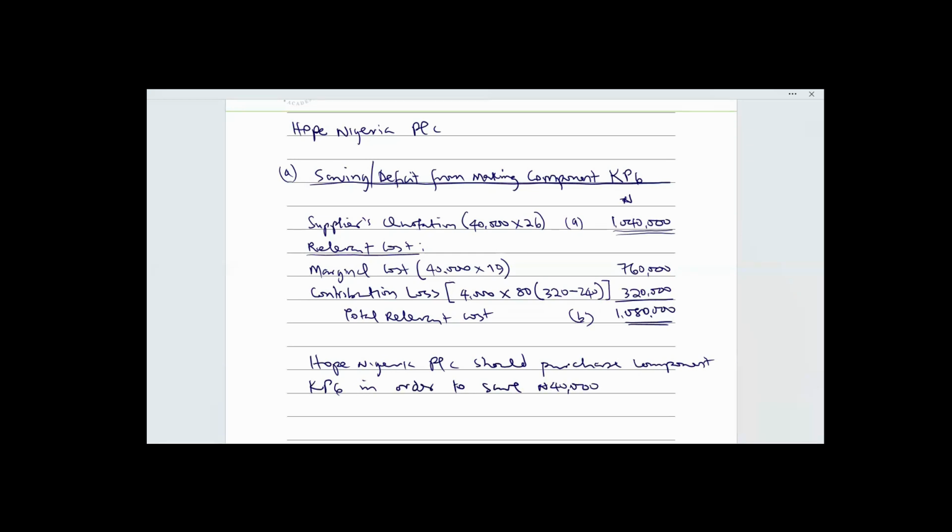That's the difference between 1,080,000 and 1,040,000.